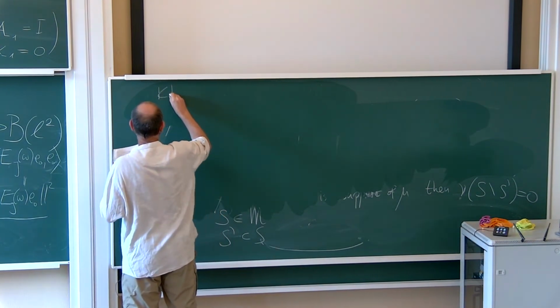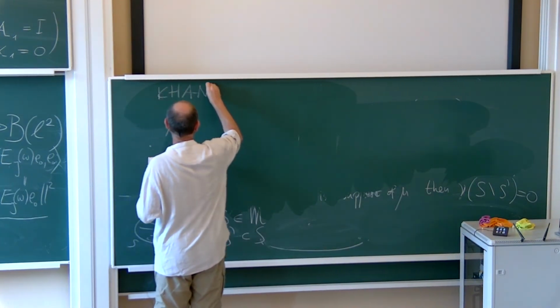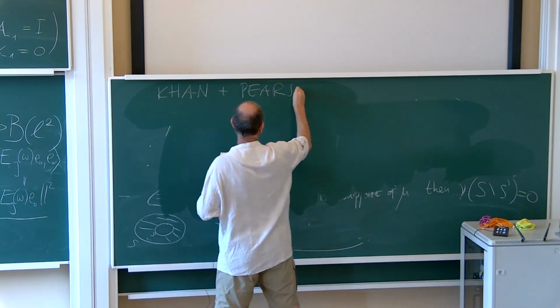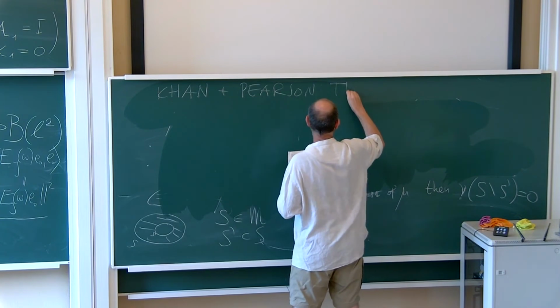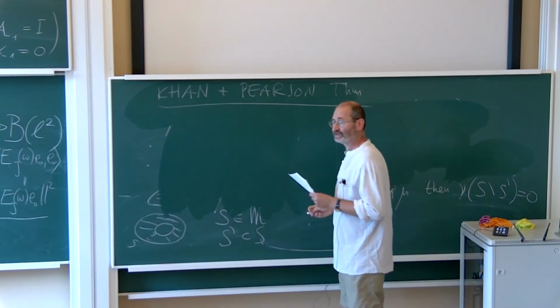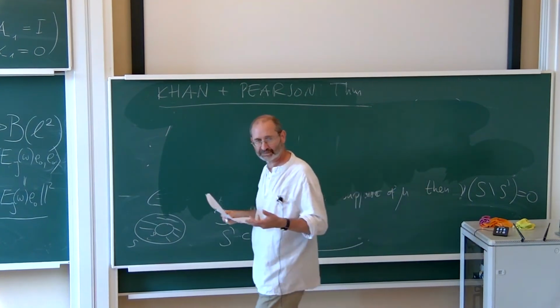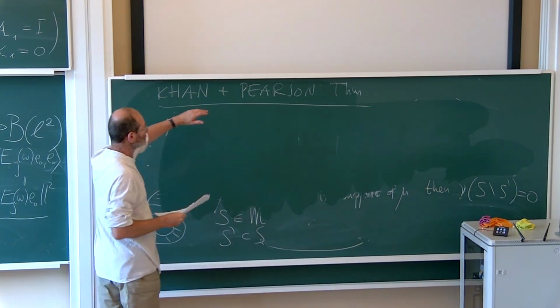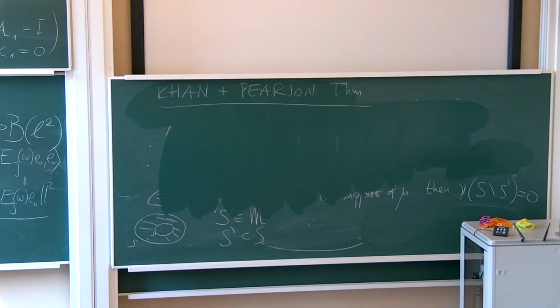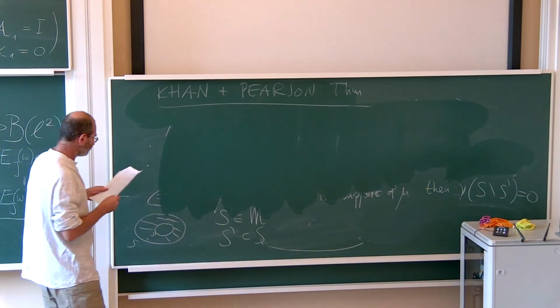Okay. This is the Khan and Pearson theorem, which is just, we can say, the discrete case of the Gilbert and Pearson theorem for the differential analog of this, which was proved before.